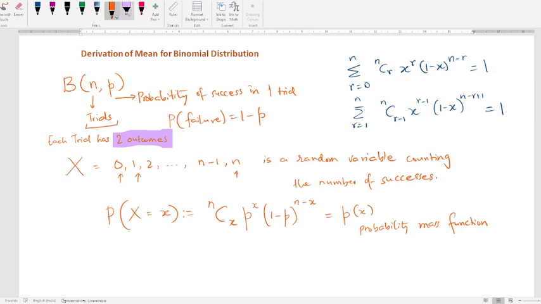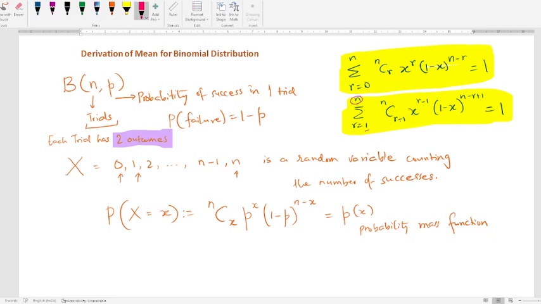Now you'll see on the top right corner of the screen I have written down two relations. The first relation is the summation of r equal to 0 to n of nCr multiplied by x to the power r multiplied by (1 minus x) to the power n minus r, which is equal to 1. We are also going to use another relation where r is no longer taking the value 0, but ranges from 1 to n.